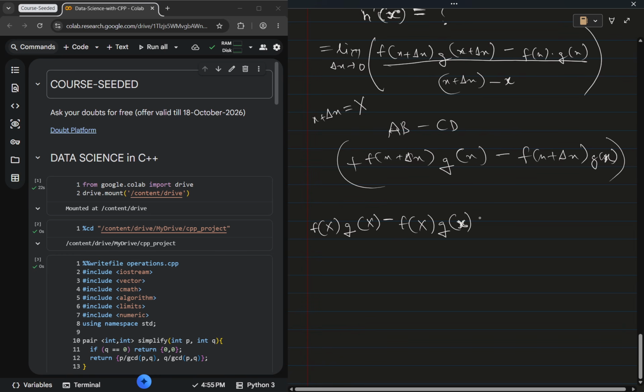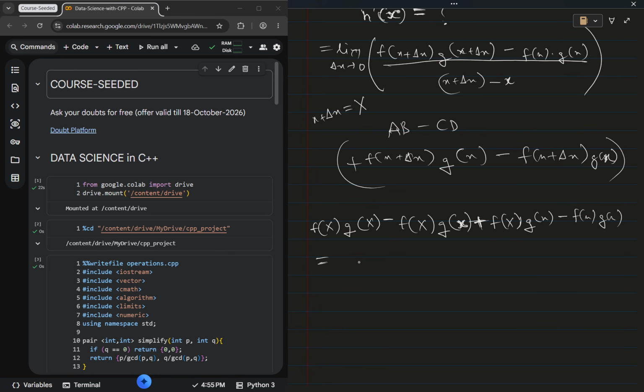So this is your g(x). Then you have your f(x). Then you also have your g(x). And let's say we have, okay, so this was supposed to be plus, because this we took as minus, so we have to take this as plus. Then you have your minus of f(x) times g(x).